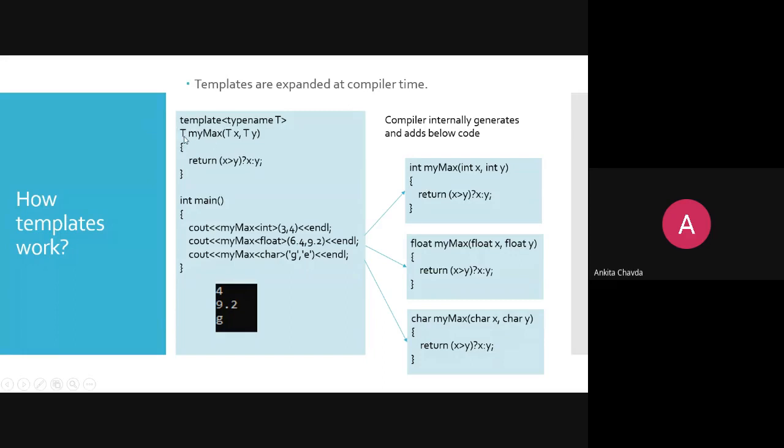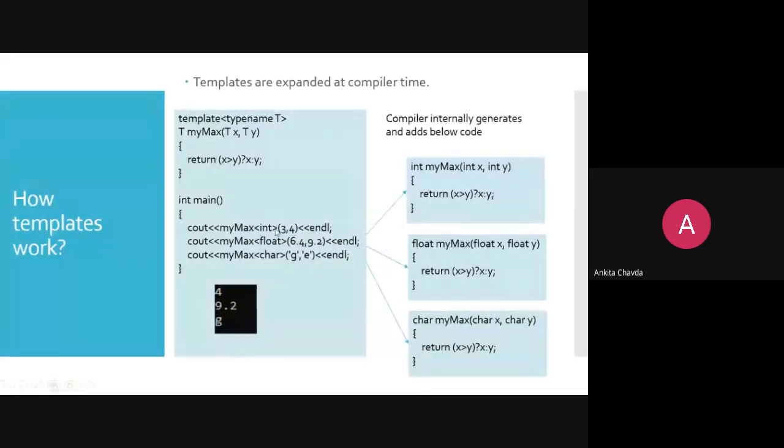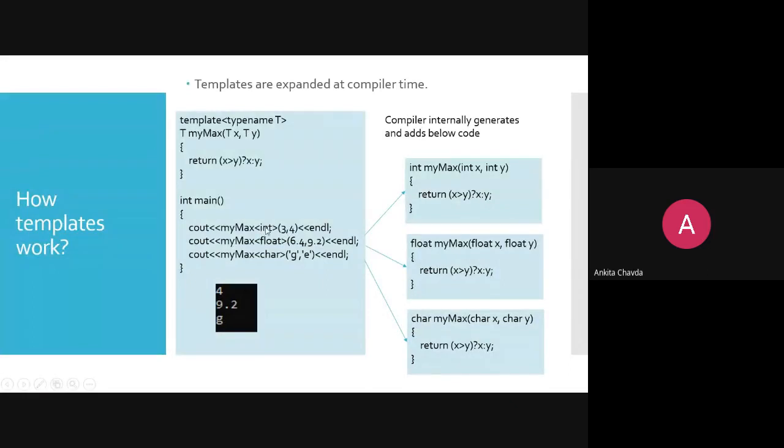So here is the solution as a template. You can write over here T, because T will represent your data type, whatsoever will be given into these angular brackets from integer main, when I'm calling this function my max, with your function name and your parameters. In this bracket you are specifying that I'm passing the arguments as integer.